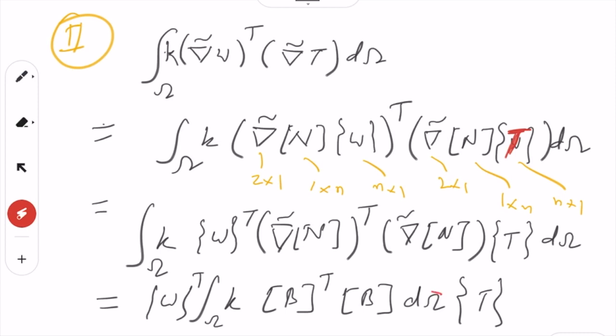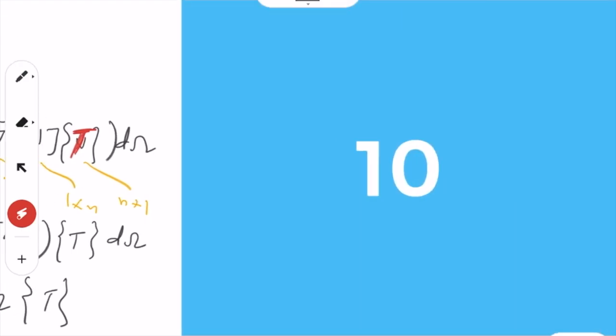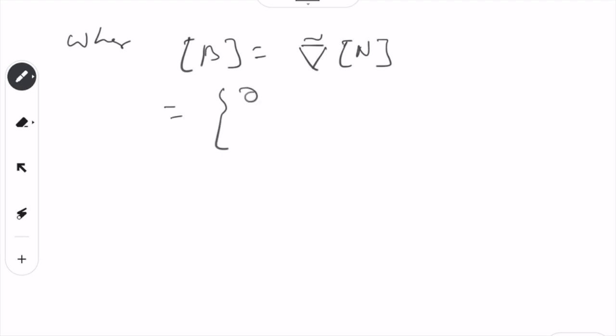This is what gives you the stiffness matrix, where the B matrix is equal to del times N. That really means that del is del over del x, del over del y, and N is N1, N2 to Nn.